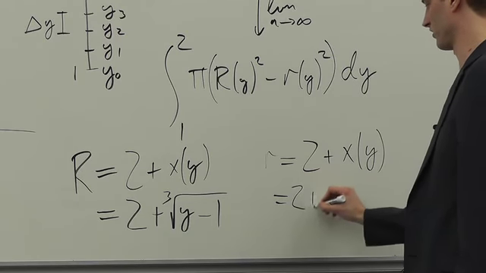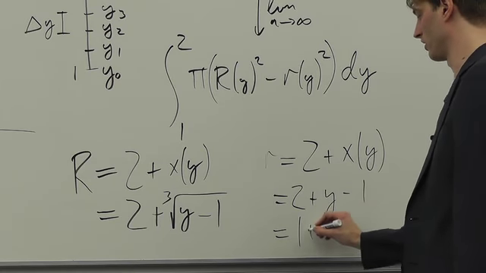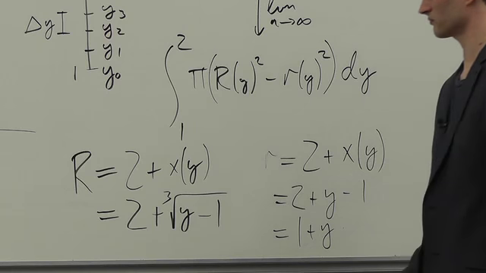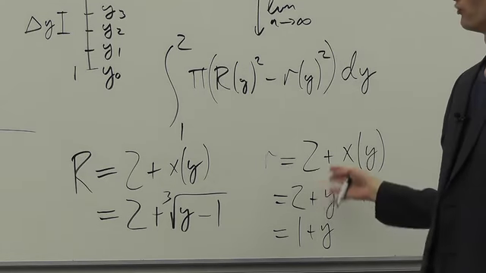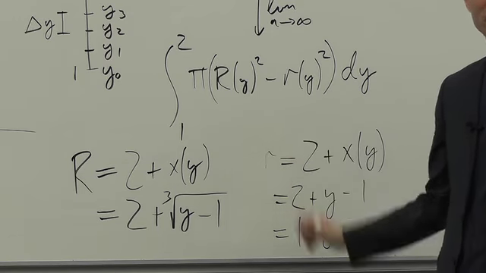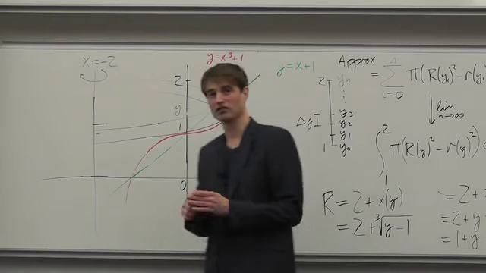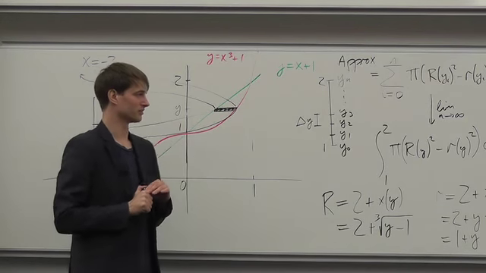So this is 2 plus y minus 1, which is 1 plus y. Then I can take these formulae and drop them into my integral. And then, if I'm lucky, and I think I am in this situation, it's an integral that I can compute.